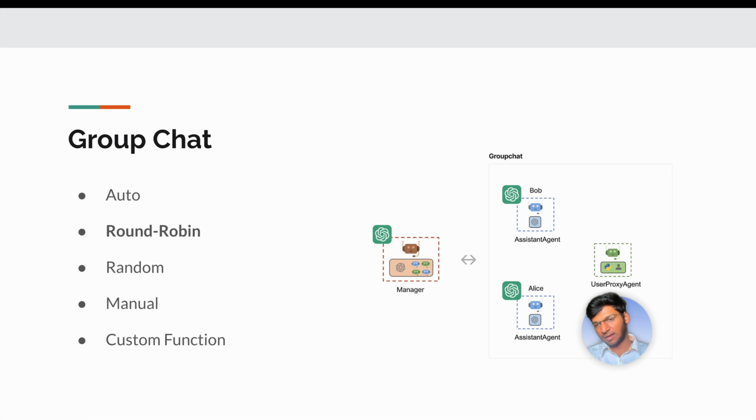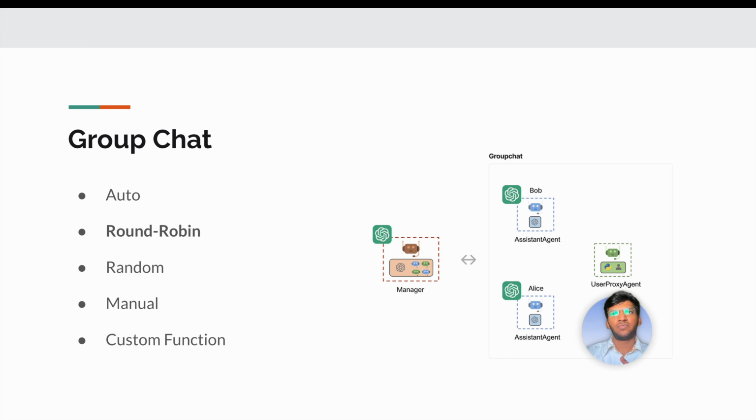Custom function is like, if we are trying to execute code with some restrictions, if we are putting an if condition: if the first agent's response is true, then move to, here we see a Bob agent, like that we can move to the Bob agent, else move to the Alice agent. Anything like a custom function we build comes under the custom function mode.